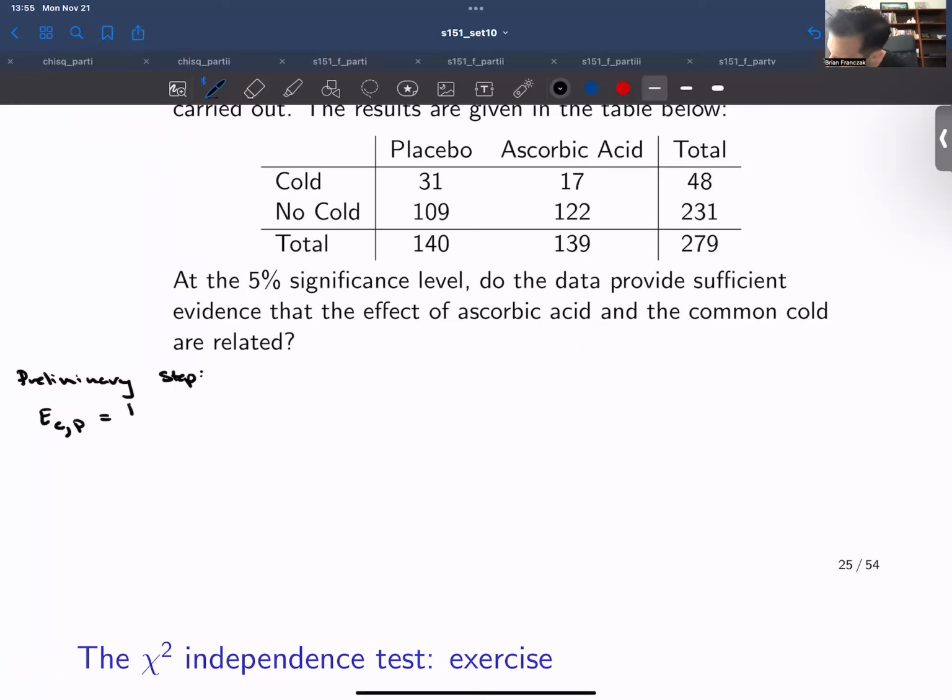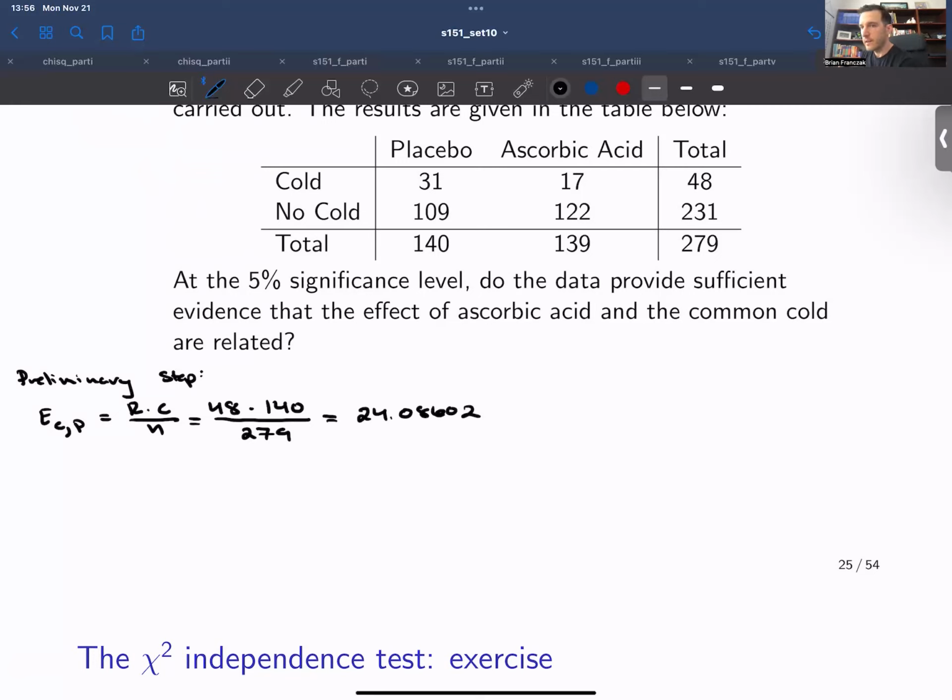So we're going to have R times C over little n. Our row total is 48 multiplied by our column total, which is 140, divided by our sample size, which is 279. And this gives us 24.08602.